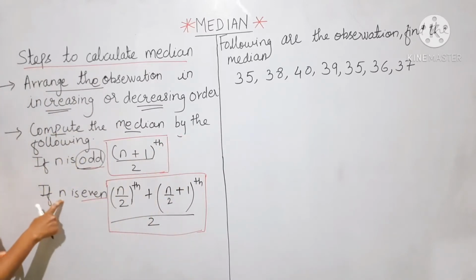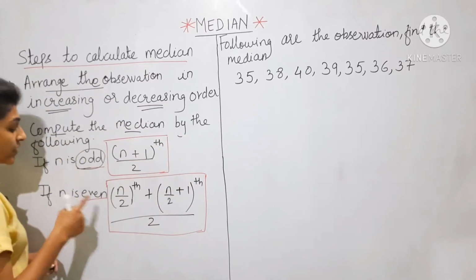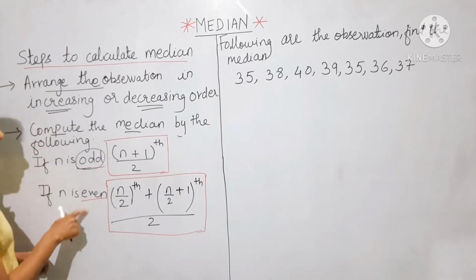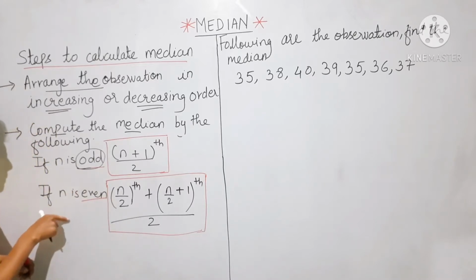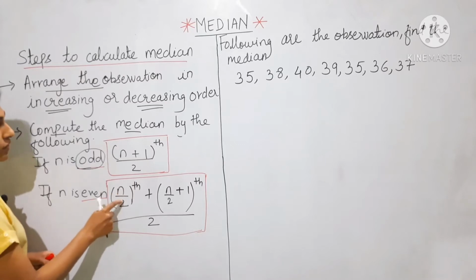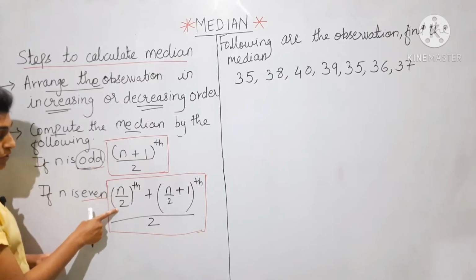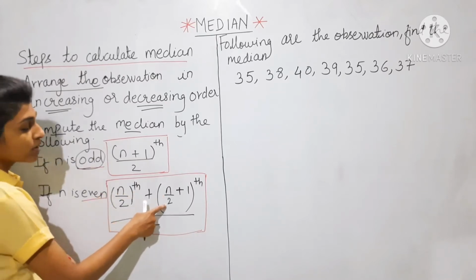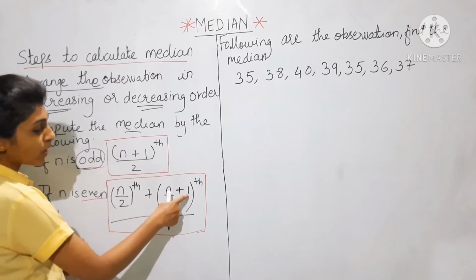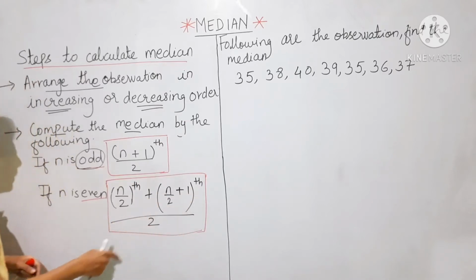And if n is even, to find the median for an even number of observations, the formula is (n divided by 2)th plus (n divided by 2 plus 1)th, all divided by 2.